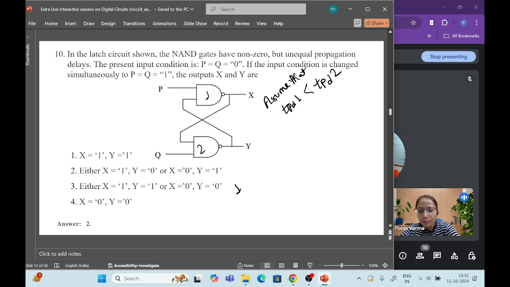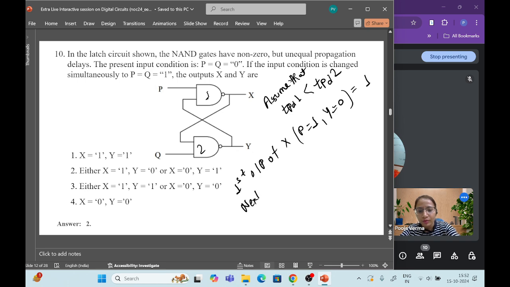So first the output of X: here P is equal to 1, and let's assume that Y is equal to 0 because we don't know what it is. Initially the outputs are 0, right? So with P equal to 1, the output will be 1 in the first case, right?